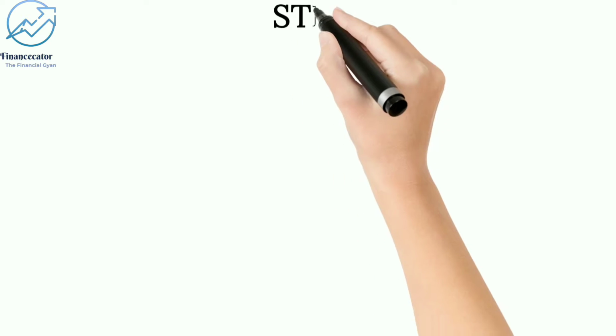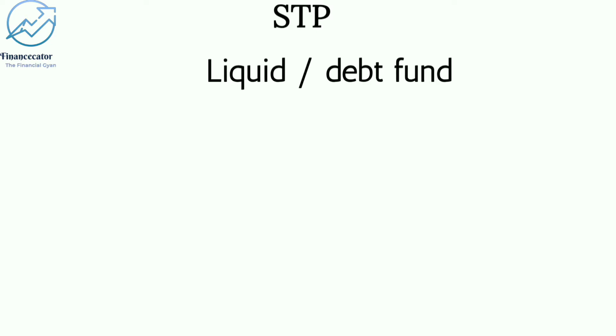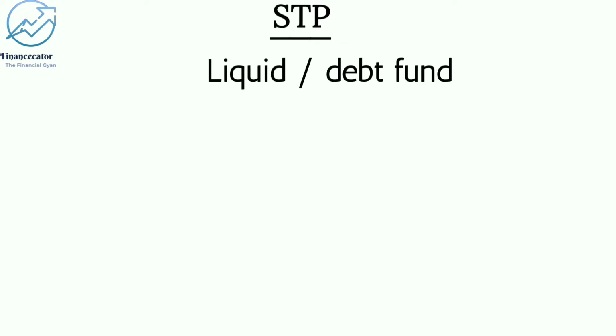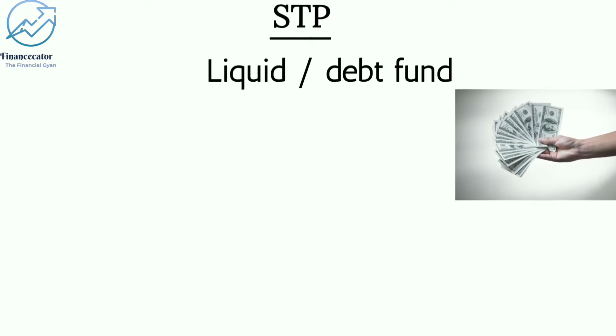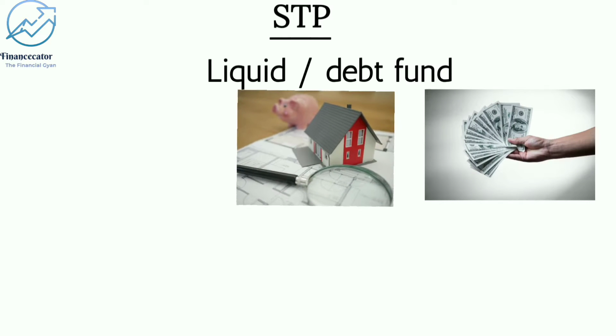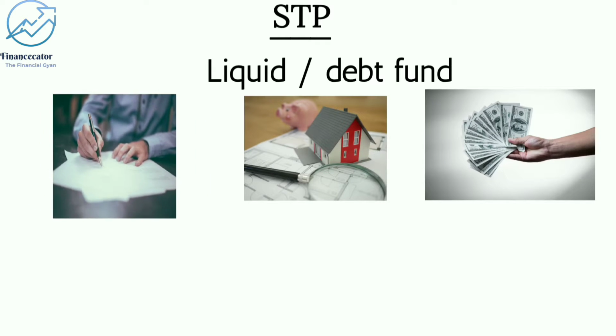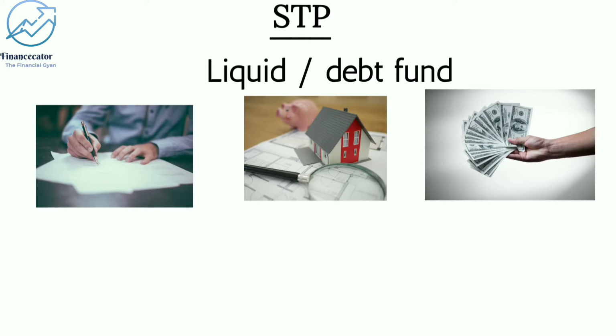It's easy to invest through STP. Firstly, you will have to select a liquid fund or debt fund which allows STP. After selecting, the next thing you should do is invest your money in that fund. After that, you need to fill up an STP form, either offline by visiting the mutual fund house or online through their official website.